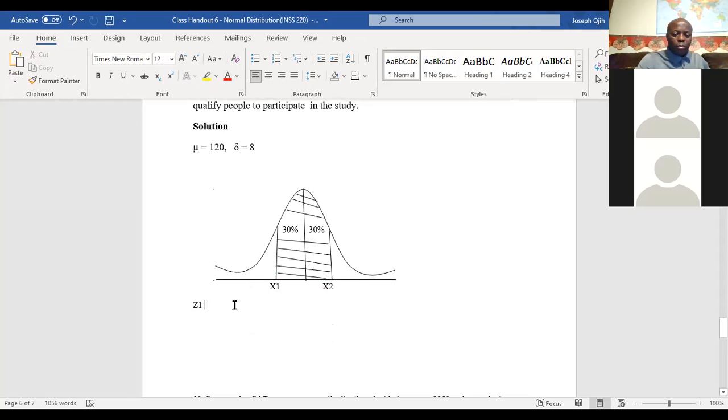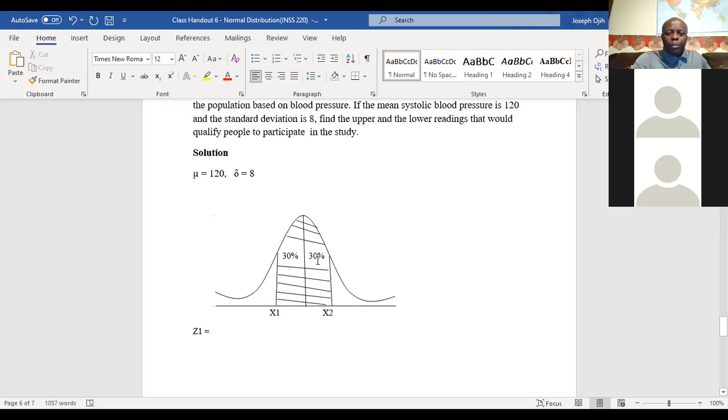So for our Z1, it's 30% on the left side and 30% on the right, so the two of them together make the middle 60%. So let's use one half of it. From this line here to this part is 30%.